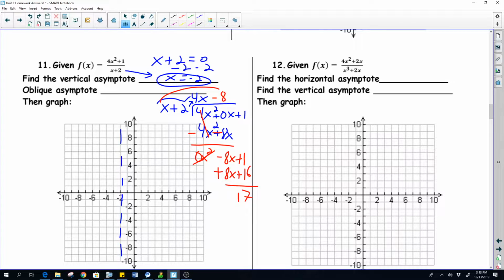Our asymptote is going to be a linear equation, y equals 4x minus 8, plus 17.